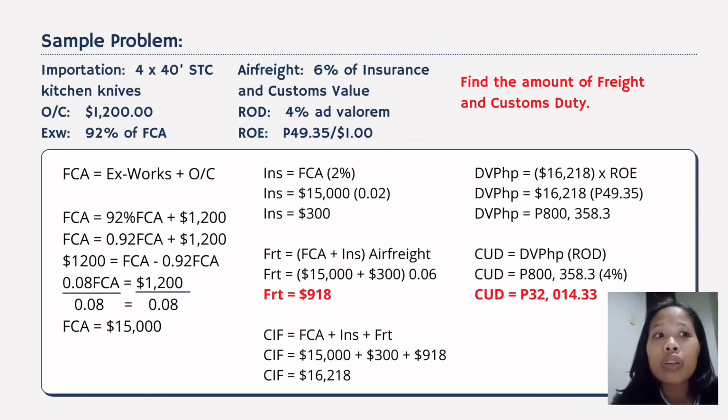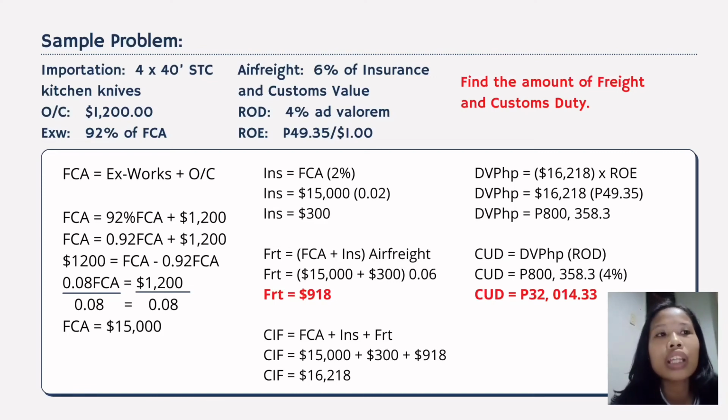For freight, we must also find the amount of freight. Freight equals FCA plus insurance times air freight. So freight equals $15,000 of FCA and $300 for insurance times 0.06. So the answer is freight equals $918.